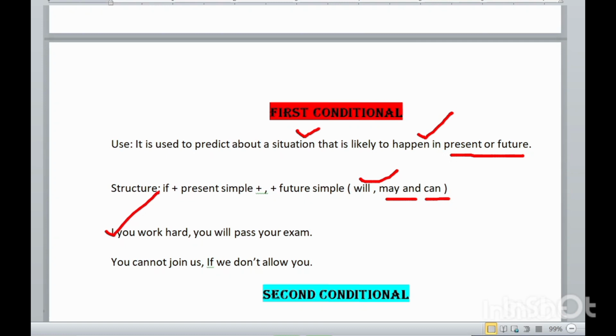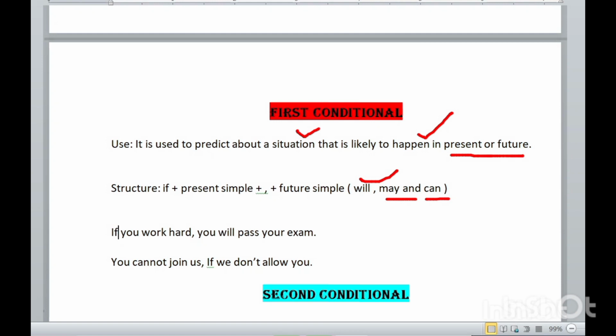If you work hard, you will pass the exam. If plus present simple, plus comma, plus you will pass the exam. For example, it was if plus present simple plus future simple in the structure.